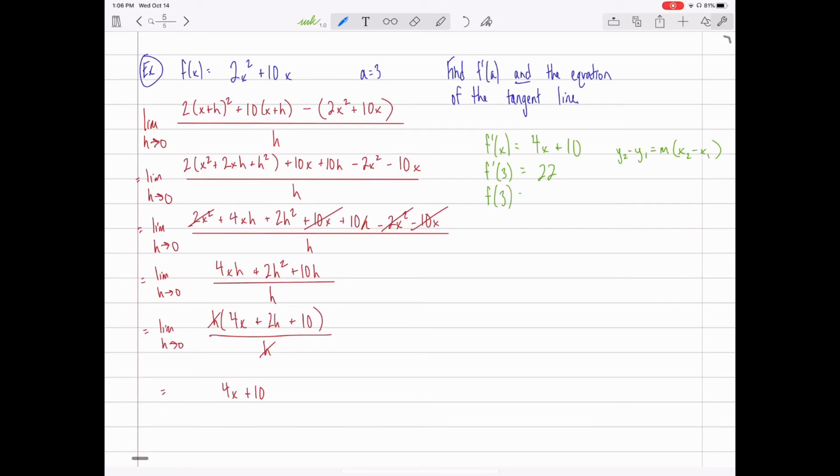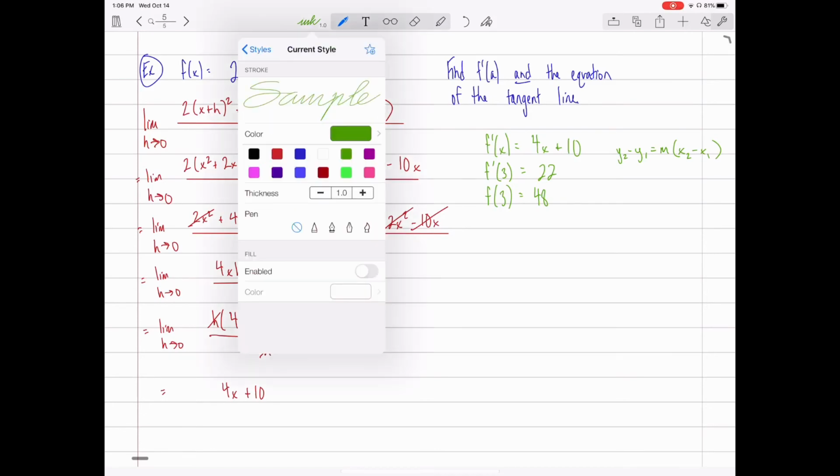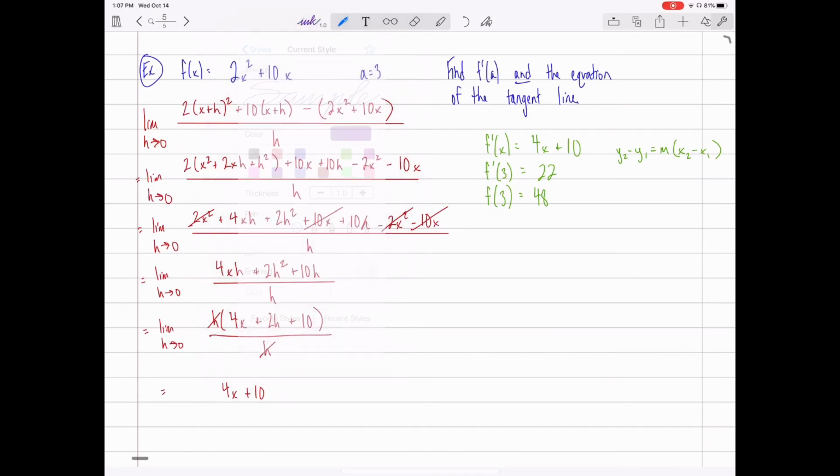So this would be 18 plus 30, so 48. Okay, so again, we have all of our parts we need. We have an m value, an x value, and a y value. So this would be y minus 48 equals 22 times x minus 3. So this would be the equation of the tangent line.